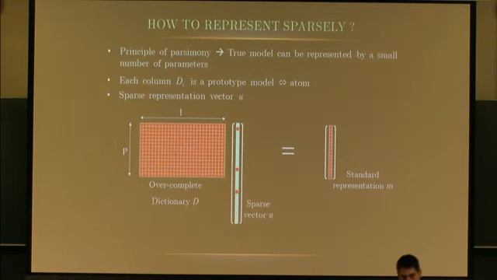So just to give you a bit of understanding of what sparse representation is all about, essentially we believe that the true model can be described by a small number of parameters, or in a simple manner, right? And there are many ways to combine the model or to have generative models, one of which, and the simplest one, is actually to have just a product of a dictionary, which is an overcomplete set, by a sparse vector, and get the model.